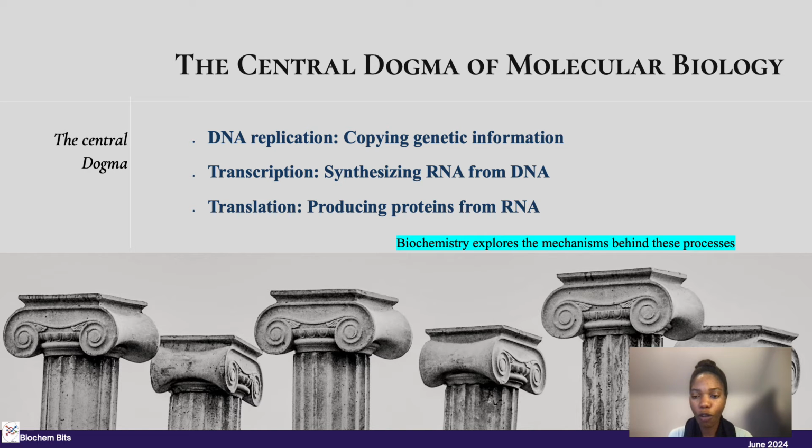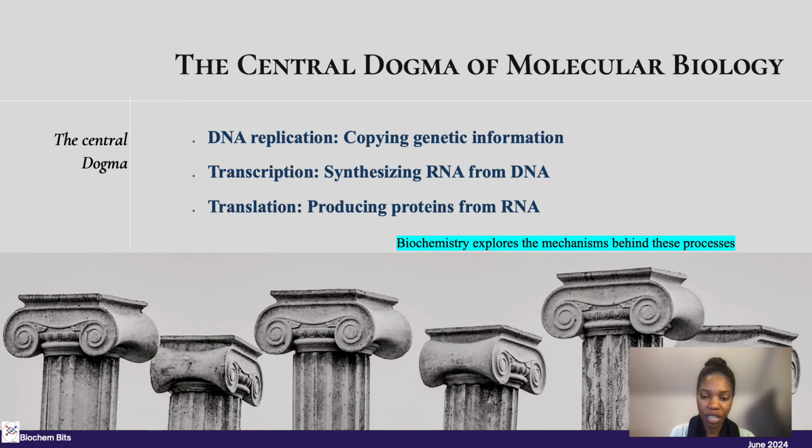The central dogma of molecular biology is very important in biochemistry because biochemistry tends to look more deeply into it, and that is why it goes hand in hand, looking at the flow of genetic information right from DNA, deoxyribonucleic acid, to ribonucleic acid, and also to the expressed unit, which is protein, where we have the functional unit coming from.